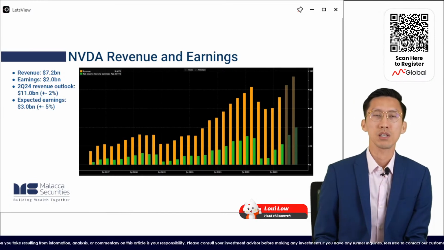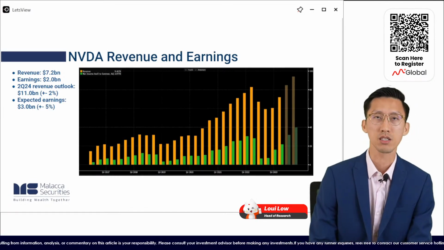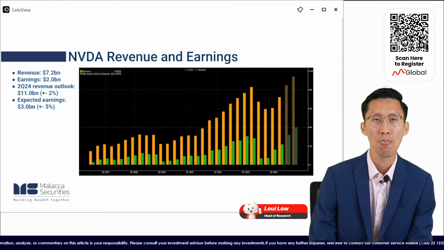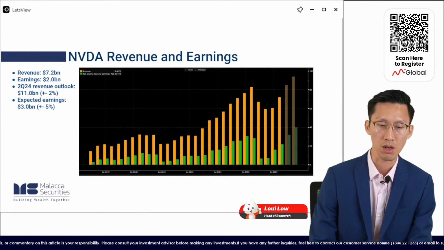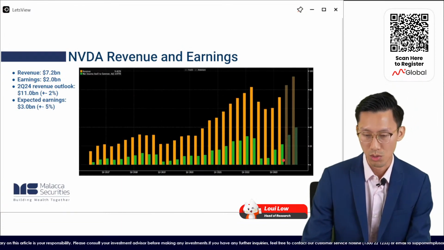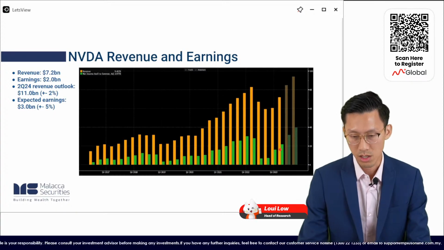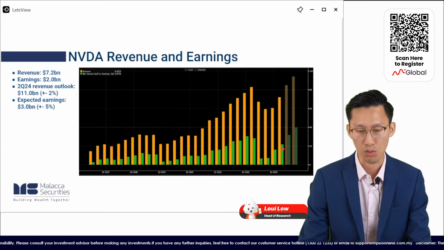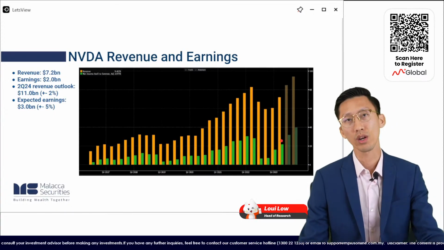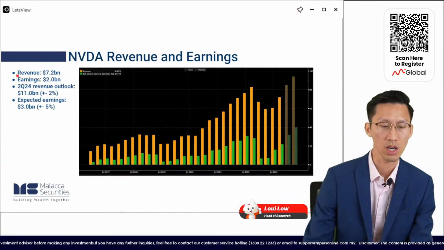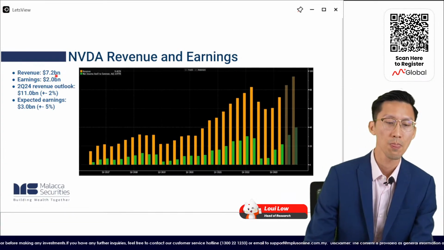So Nvidia has announced their results, and they have very strong results. This is the most recent one, and it has been seeing good growth, more than the expected figures. Right now the revenue for the quarter is 7.2 billion. Earnings is 2.0 billion.